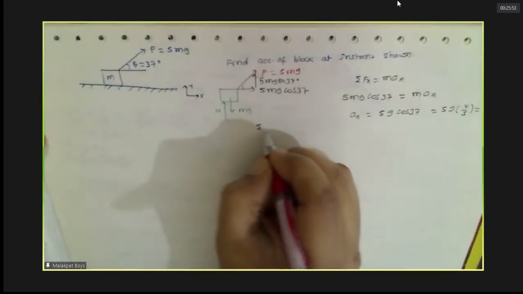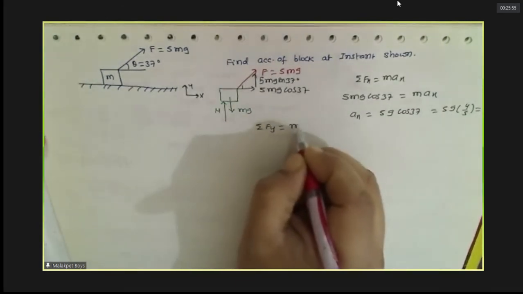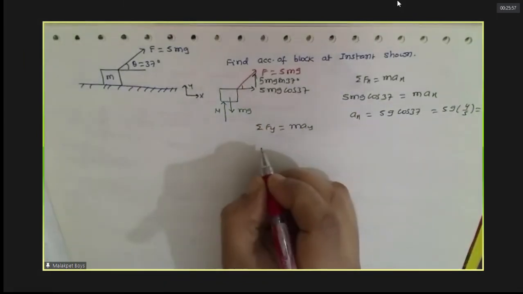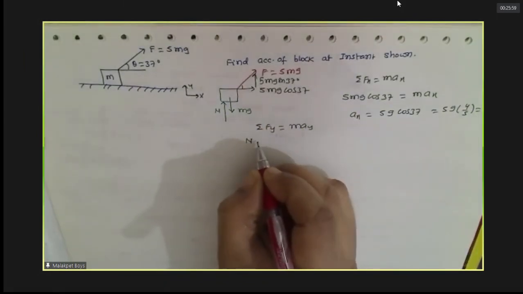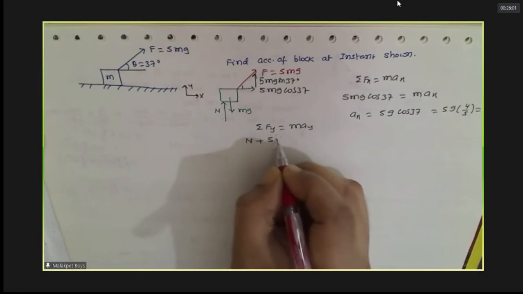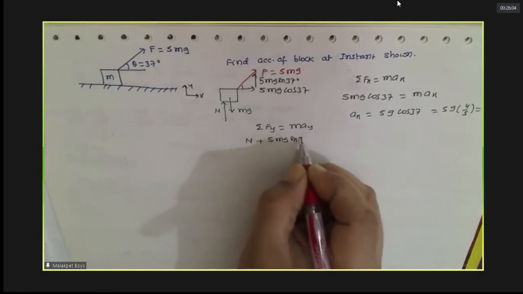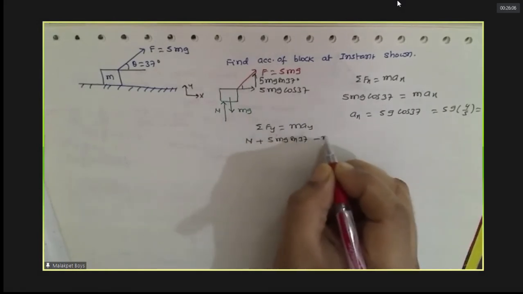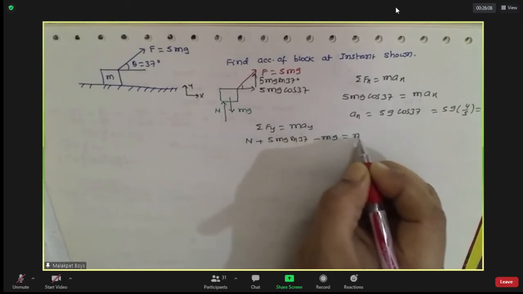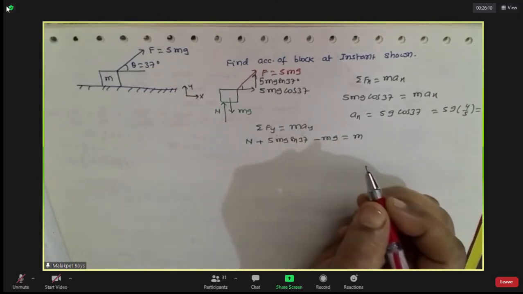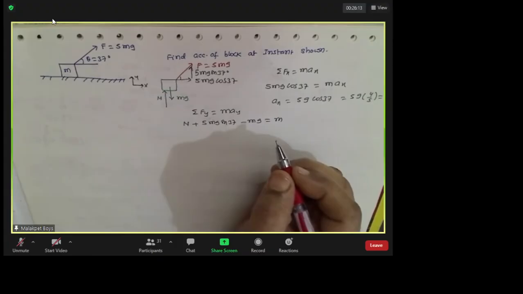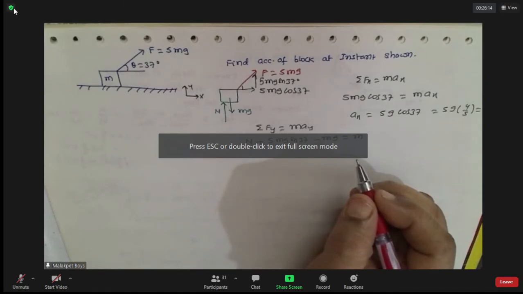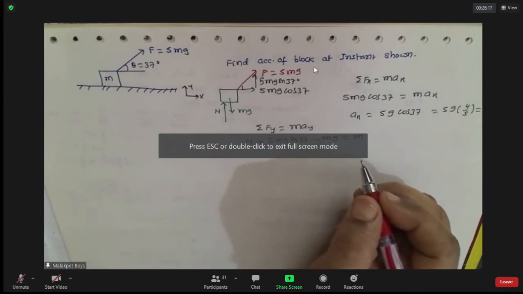Similarly, you have sigma Fy equals may. That means upward is positive: plus 5 mg sin 37 minus mg. Very nice.